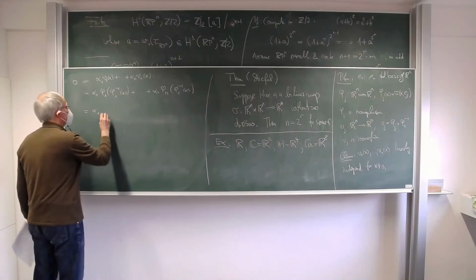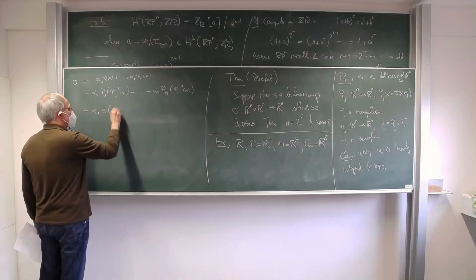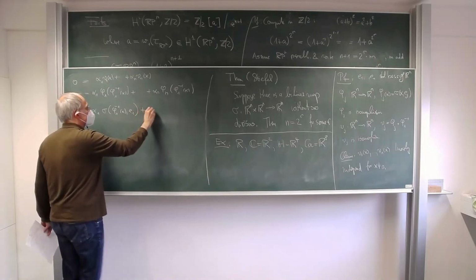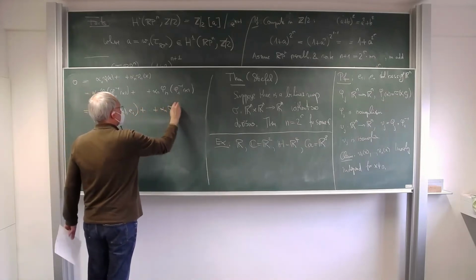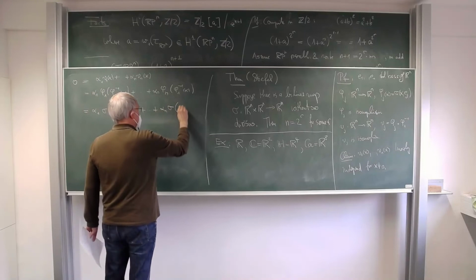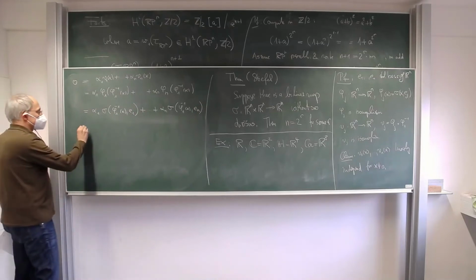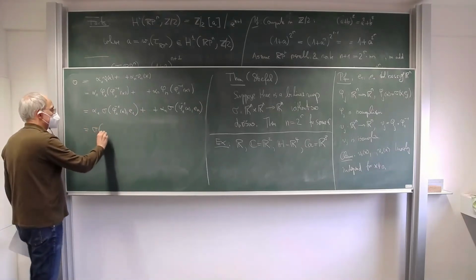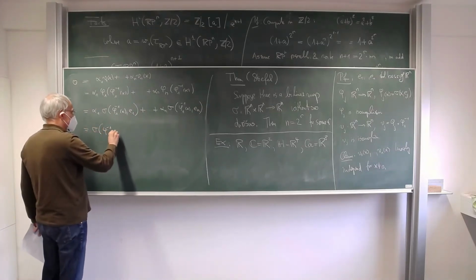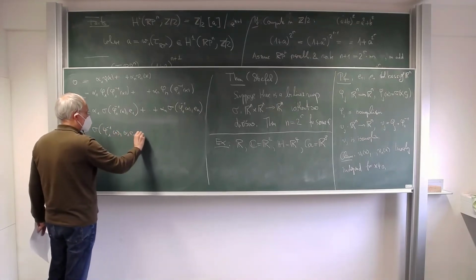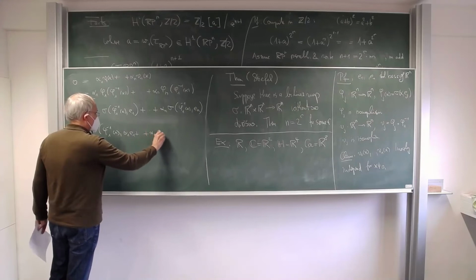So what we have here is σ of φ_1^(-1) of x, e_1, plus α_n σ, and here we have also φ_1^(-1) of x, e_n. And by linearity of the second argument, I can write this as σ of φ_1^(-1) of x, α_1 e_1, and so on, α_n e_n.